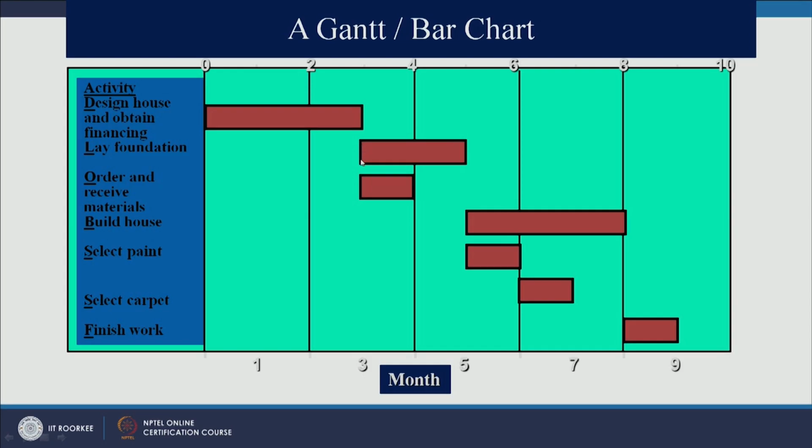So it's starting at the beginning of 3rd month and going up until 5th month, right. So the duration of this activity is 2 months, right. Similarly, activity this order and receive materials starting at the beginning of 3rd month, right.